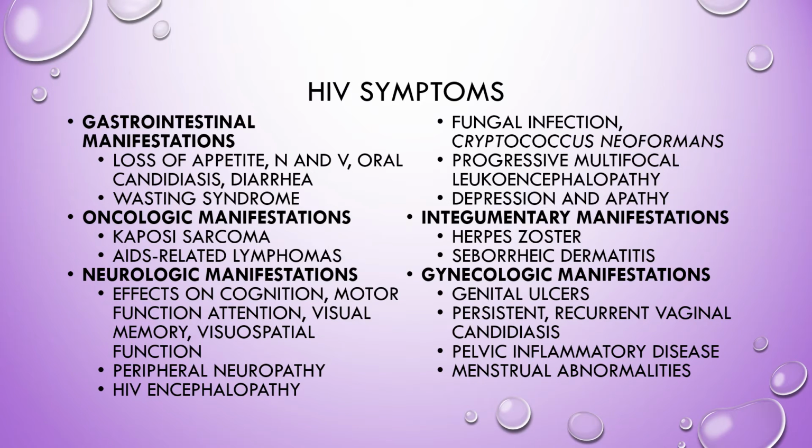HIV symptoms can be vast and different for each individual patient. There are gastrointestinal manifestations like loss of appetite, nausea and vomiting, oral candidiasis, diarrhea, and wasting syndrome. There are oncological manifestations like Kaposi sarcoma and AIDS-related lymphomas.